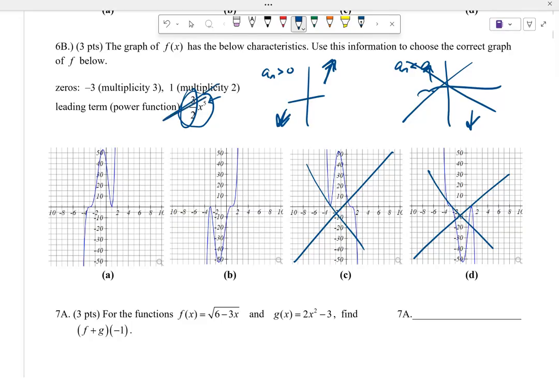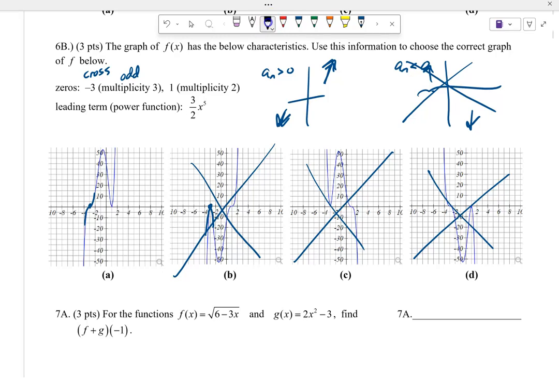Now let's go ahead and try the zeros. The first one has a 0 of -3 with multiplicity 3. Well, this is an odd multiplicity, so it's got to cross through at -3. Let's check the first graph. See how it crosses through at -3? Over here at -3 on graph B, it just touches it. So I know B is out.